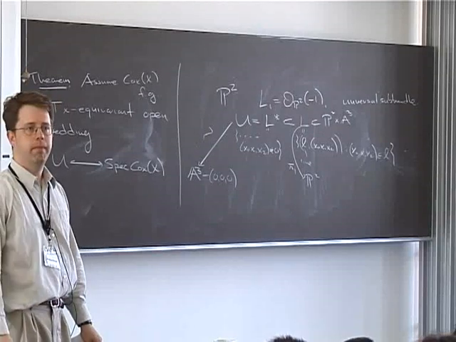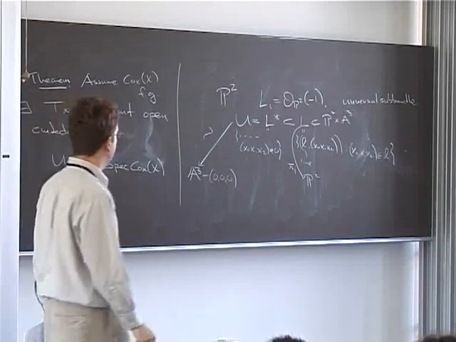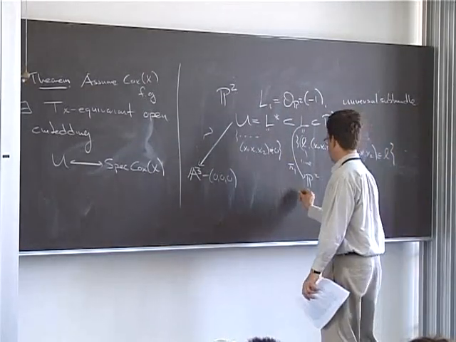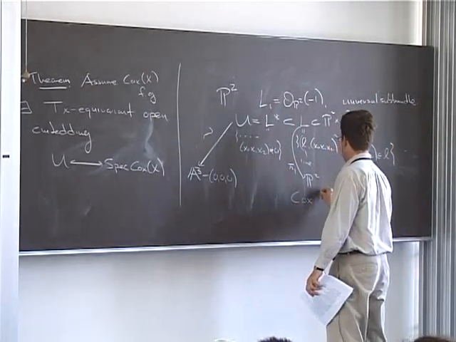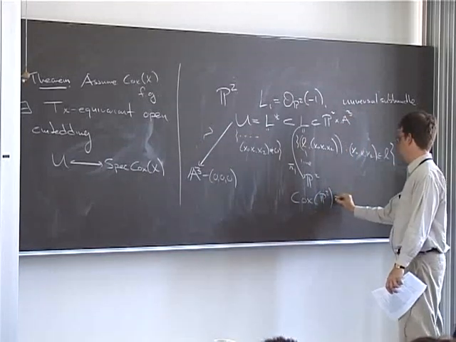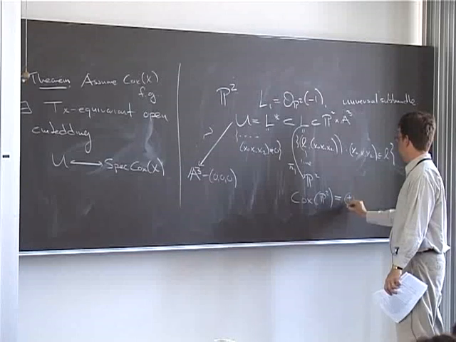Okay? Let's step back a little bit and come back to this example. What is the Cox ring of P2? Well, this is a direct sum.